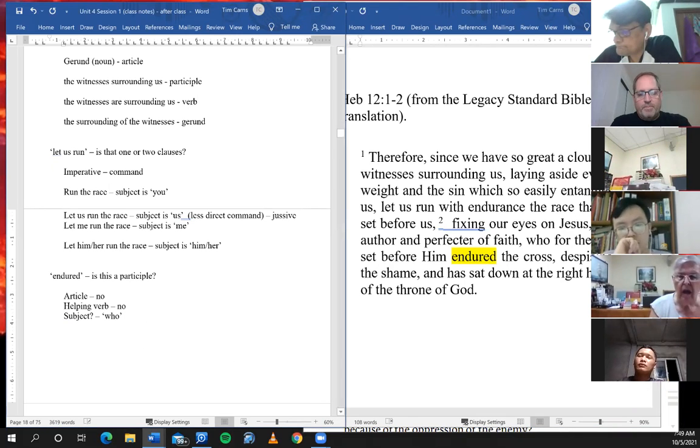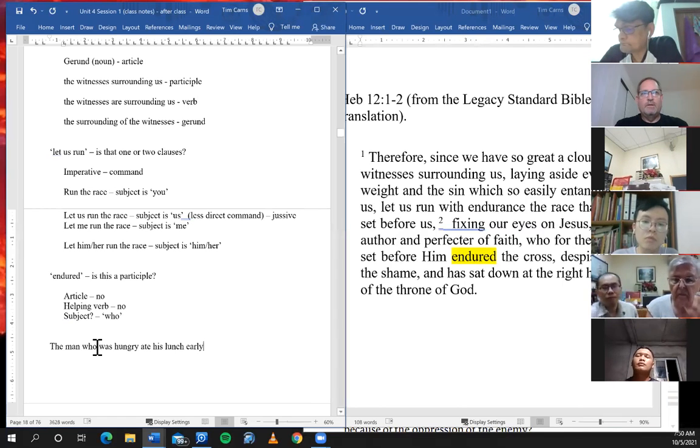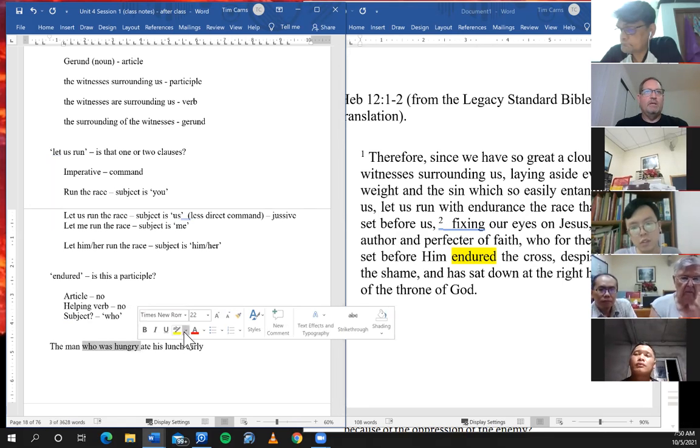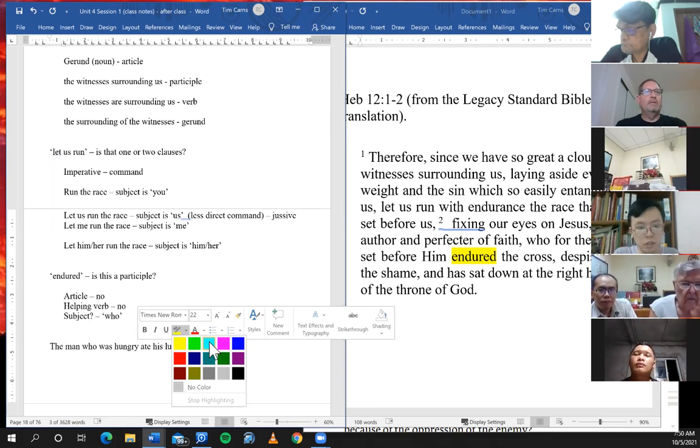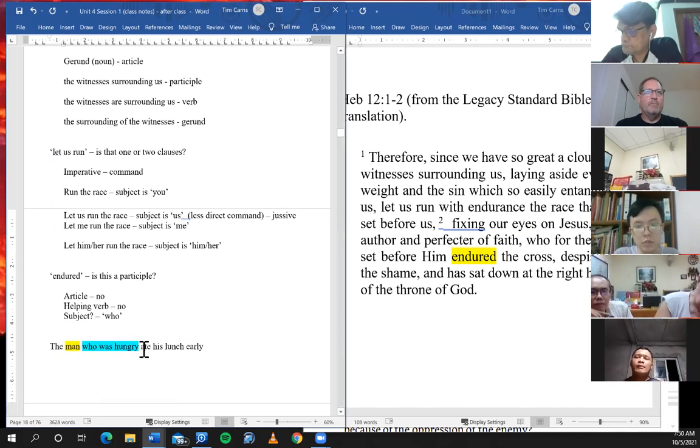We talked about it at one point, how sometimes the author will insert a phrase inside of a clause. For example, if we were to say, the man who was hungry ate his lunch early. Notice we have the man, and then who was hungry. That is in this case a clause that is inserted between the subject of this sentence and the verb.